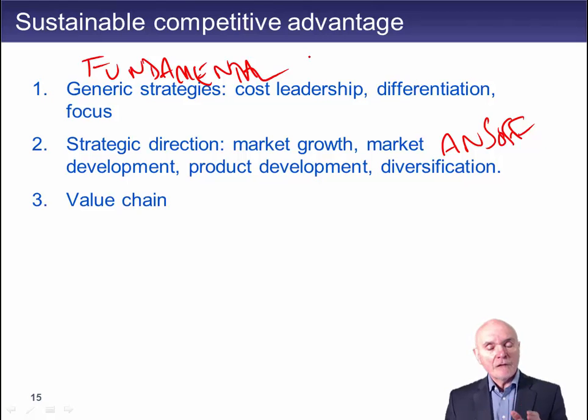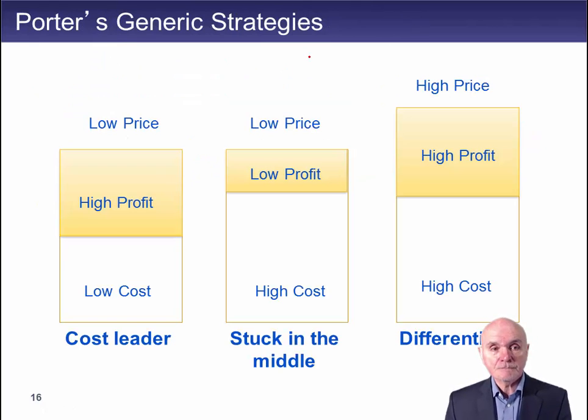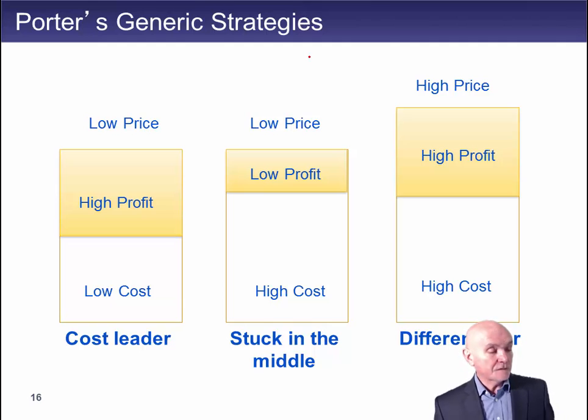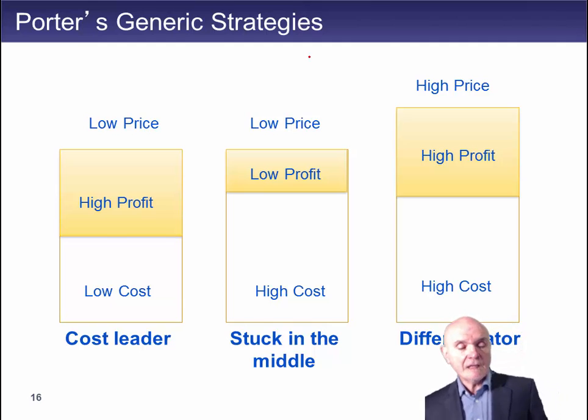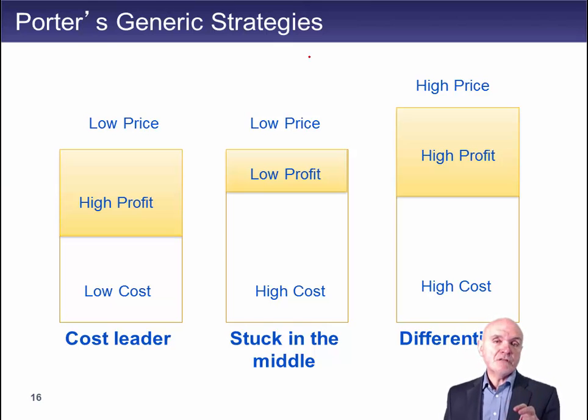And to do that, we need to adopt one of these fundamental or generic strategies. Now, we'll come back to the focus one later, but we'll look first of all at the cost leaders and differentiators. And what we're going to start with here is a manufacturer of an ordinary product, selling into a competitive market.